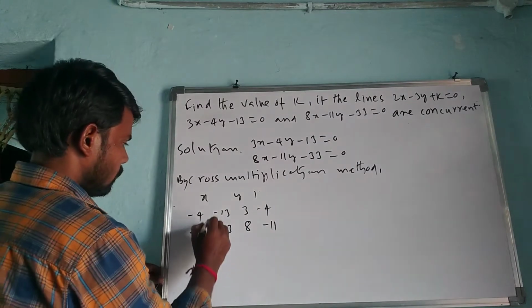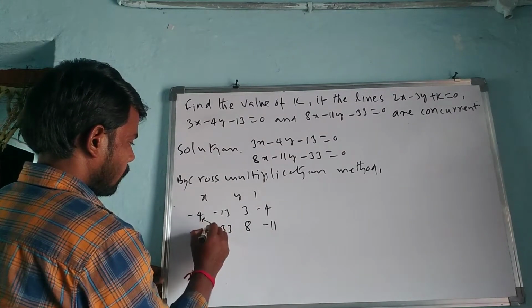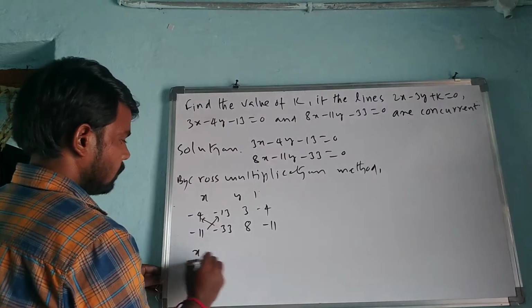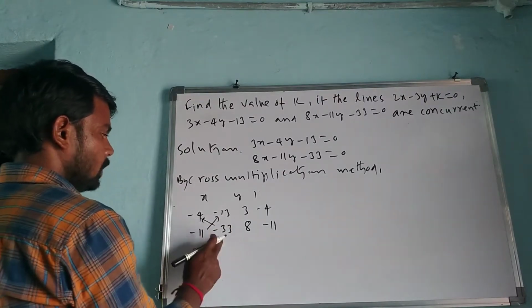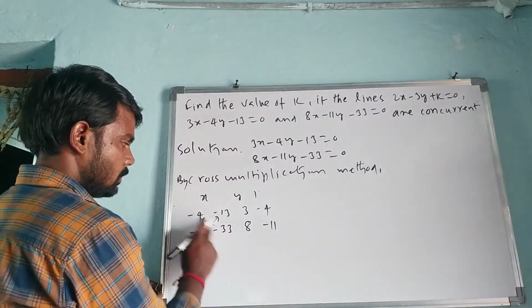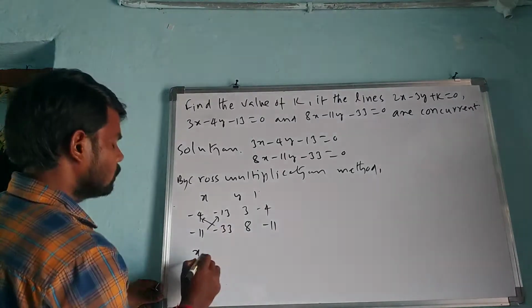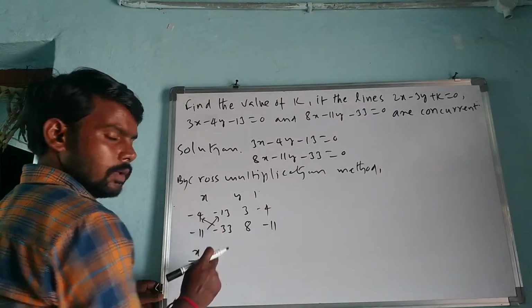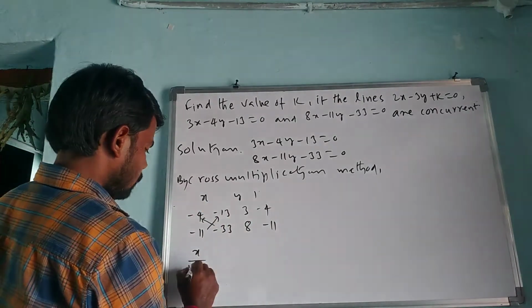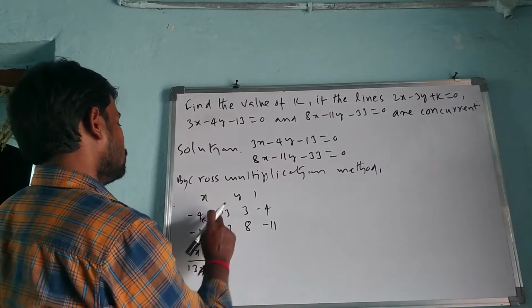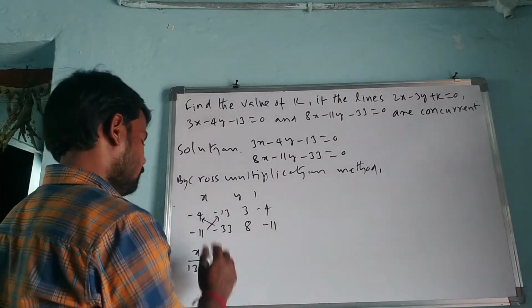Then for x: minus into minus is plus, 33 fours are 132, minus into minus plus, here in the middle we have minus.